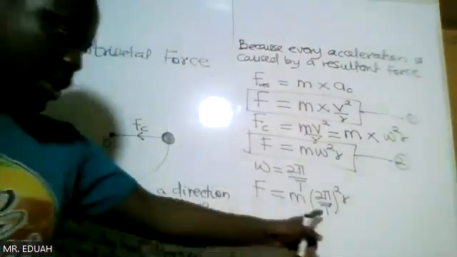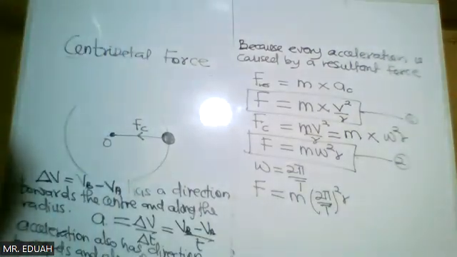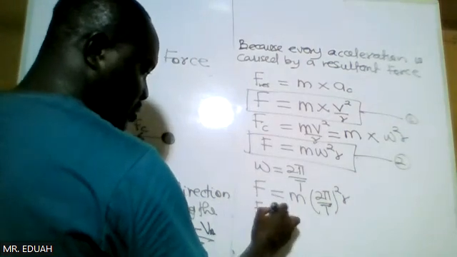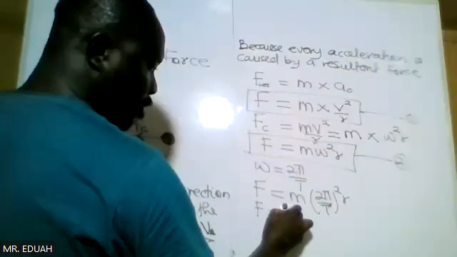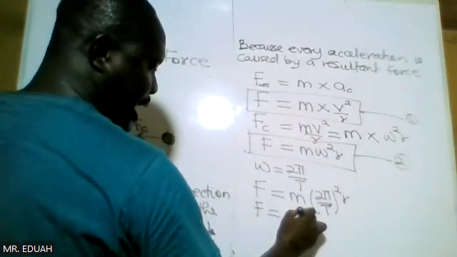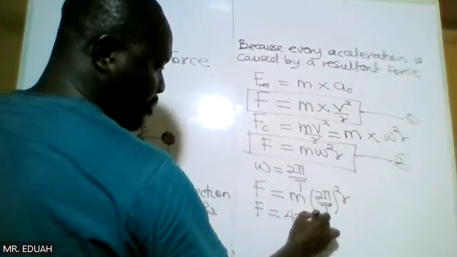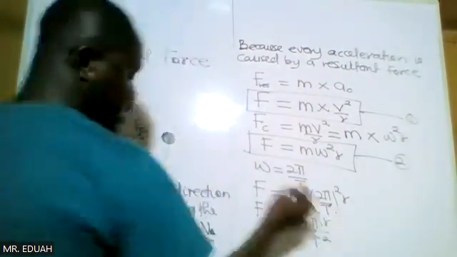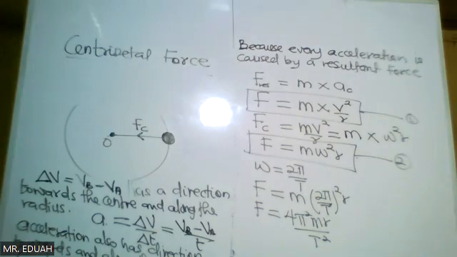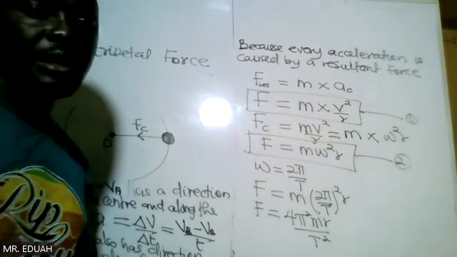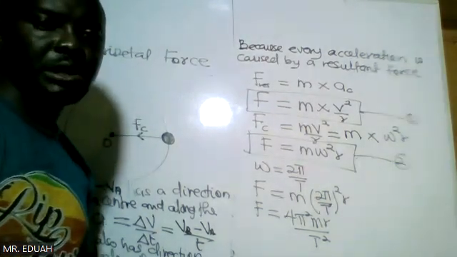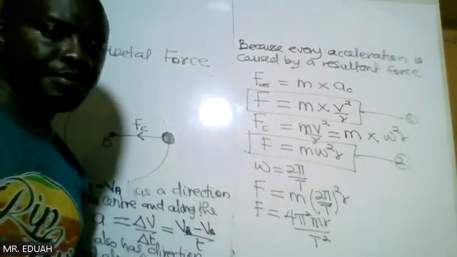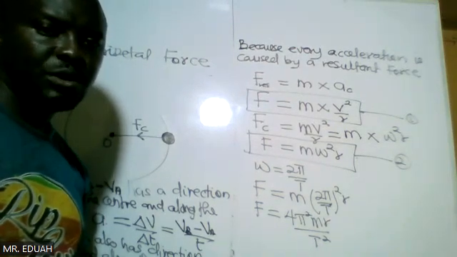Please be careful that you don't take capital T to be the tension. It's the period. So we can equally have 4 pi squared mass times radius divided by the period squared. So it's just a matter of substituting angular speed and you'll be smiling.